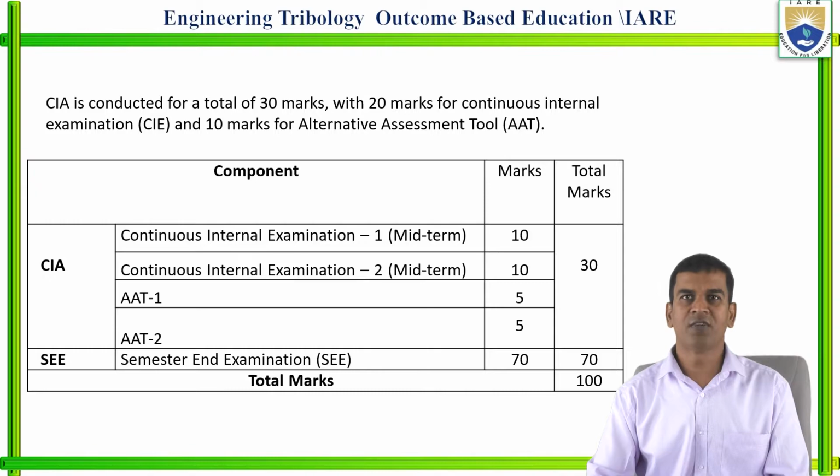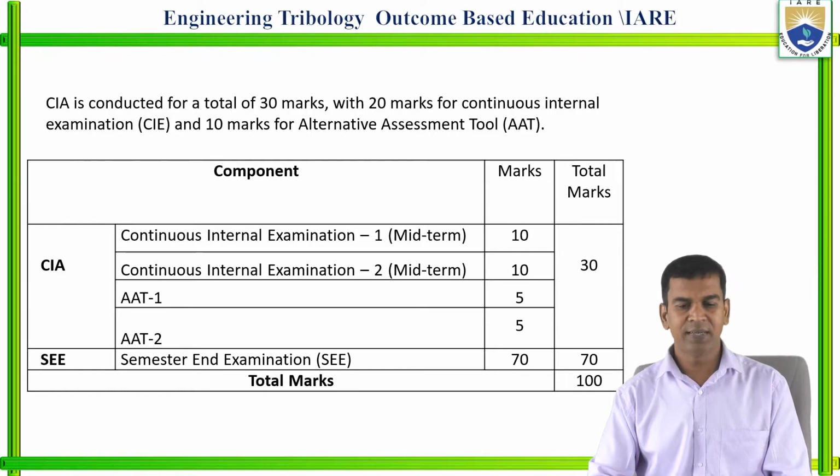CA is conducted for a total of 30 marks: 20 marks for continuous internal examination, CIE, and 10 marks for AAT, assessment tool. CIE 1 midterm is for 10 marks and CIE 2 midterm is for 10 marks, and AAT 1 is for 5 marks and AAT 2 for 5 marks.